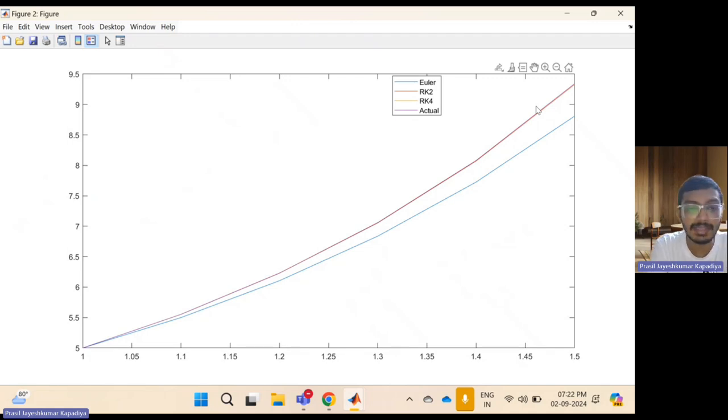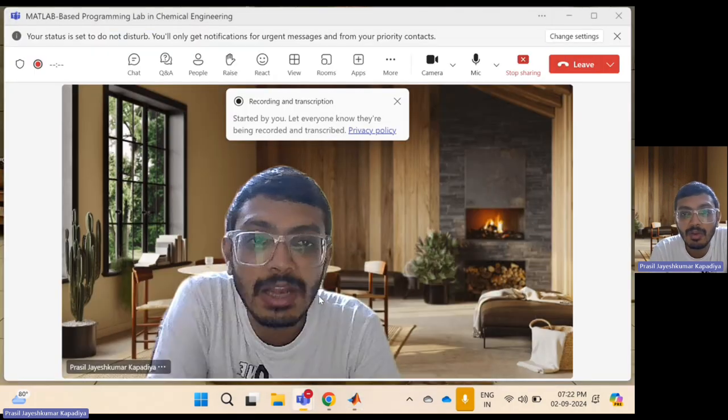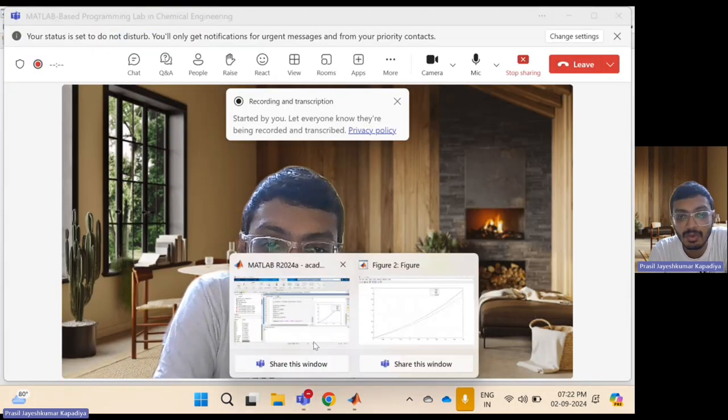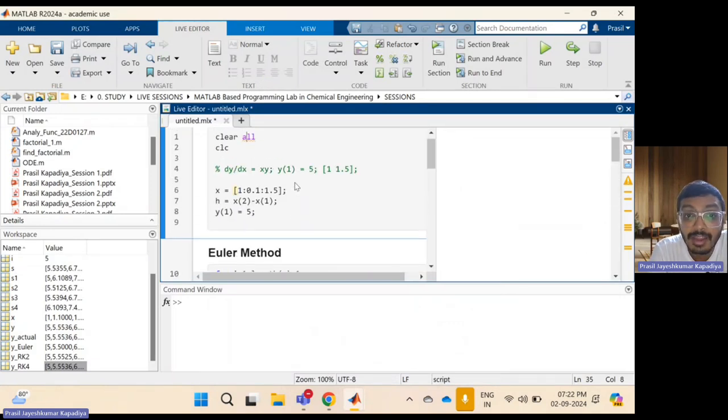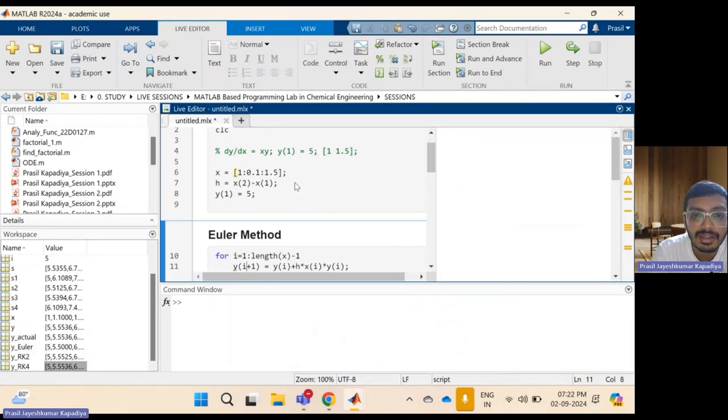So what we can say is that for the same value of h, listen to my statement really carefully, for the same value of h, when my value of h is constant for all the cases, RK4 will give me accurate results.